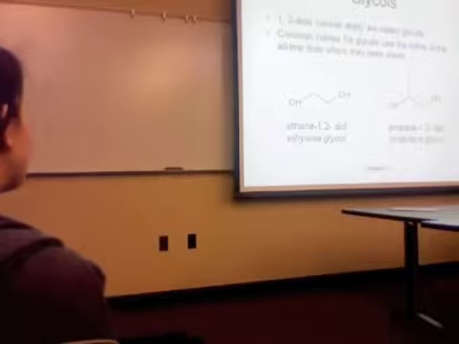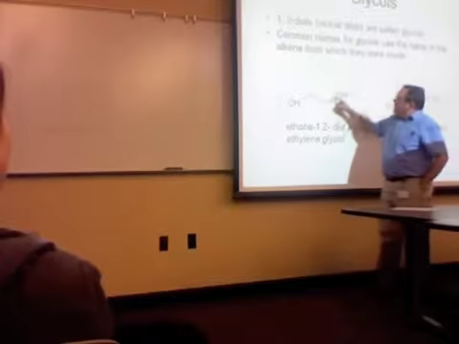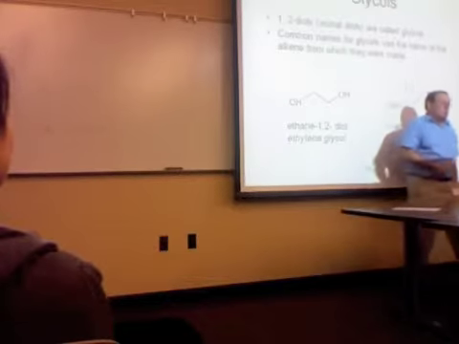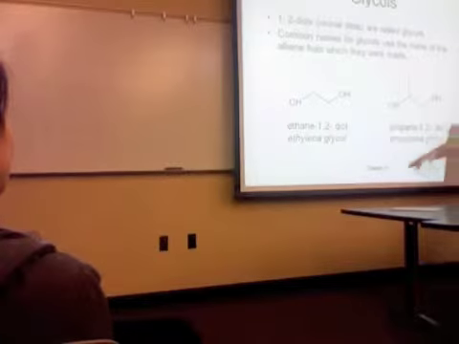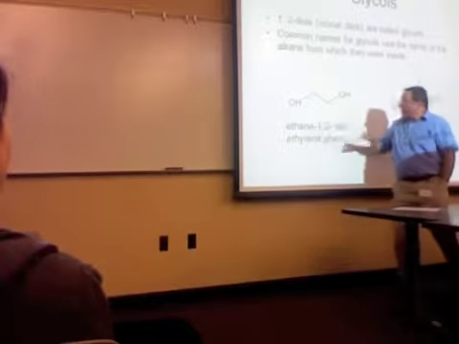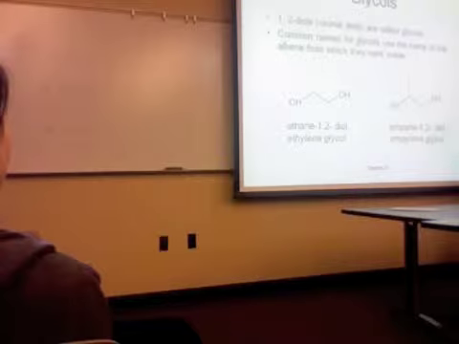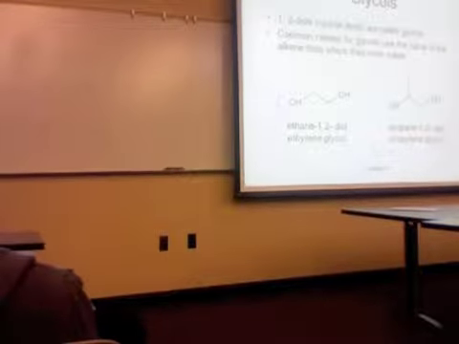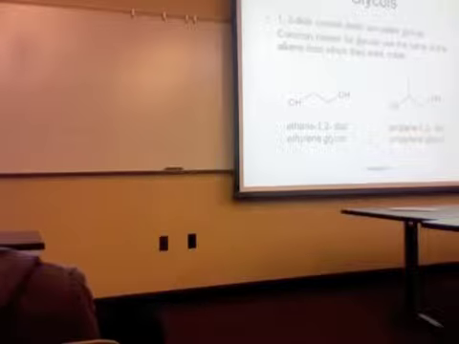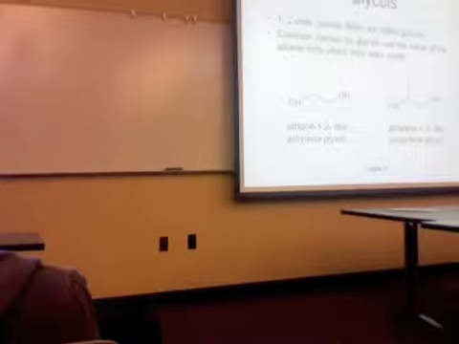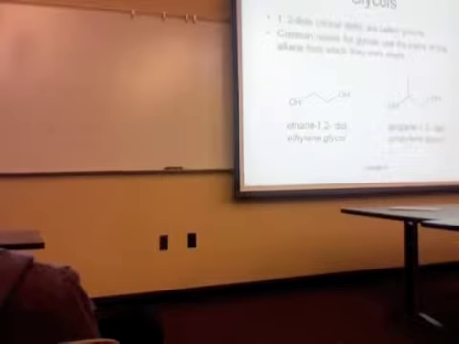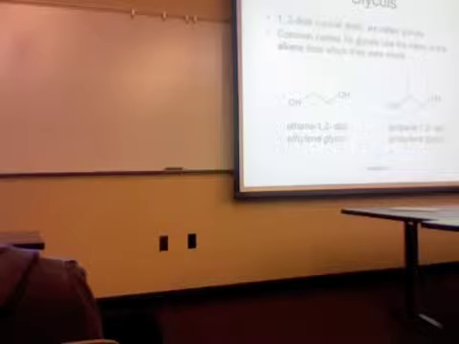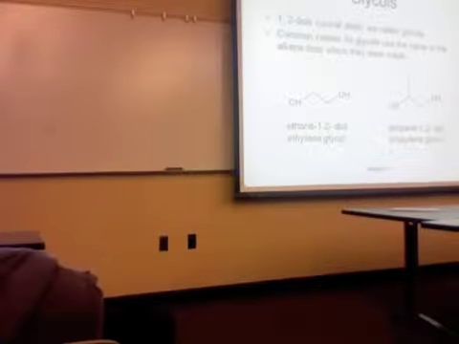Glycols, as we just indicated, are where the alcohol groups are attached on adjacent carbons. This is ethylene glycol here, or ethane-1,2-diol. When we use the glycol name, we use the alkene from which the glycol would be derived. In chapter 8 somewhere, you should have seen reactions where alkenes can be reacted with various reagents to form glycols.